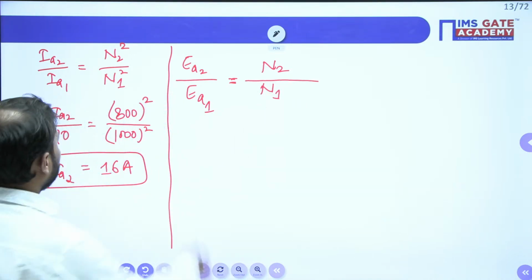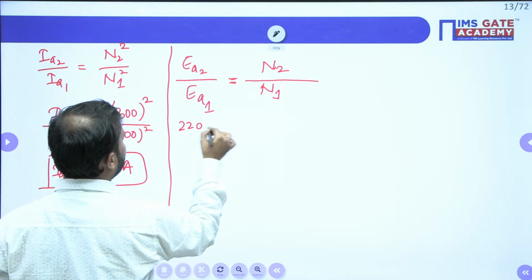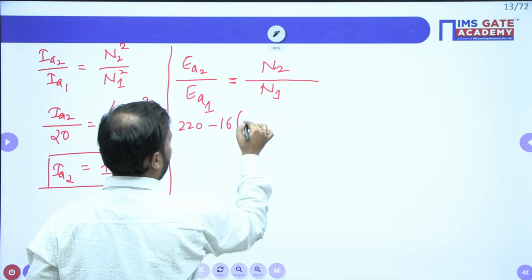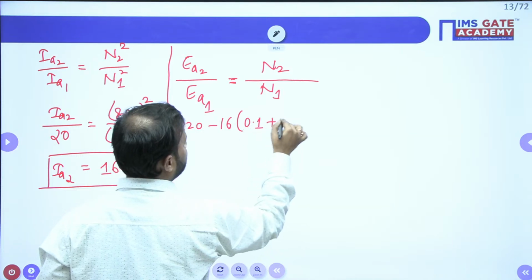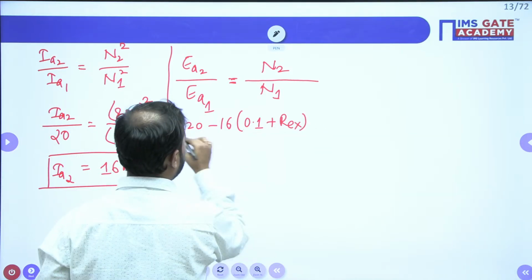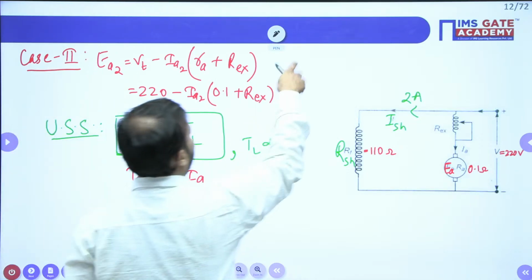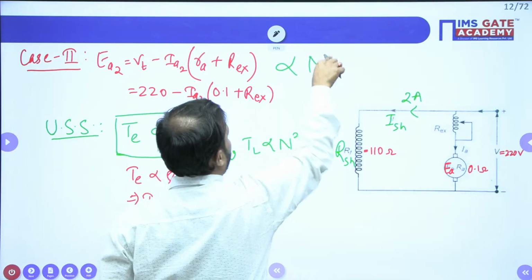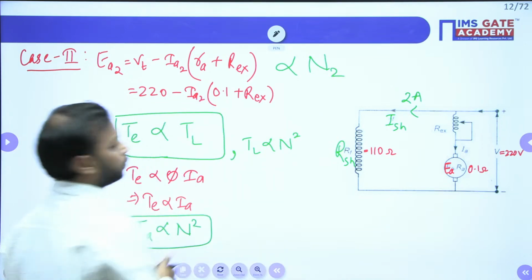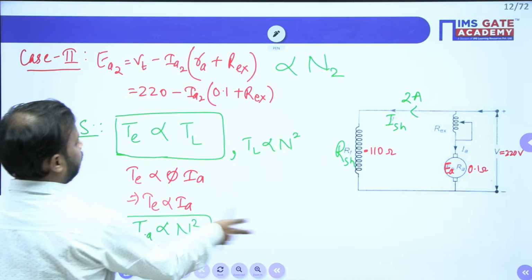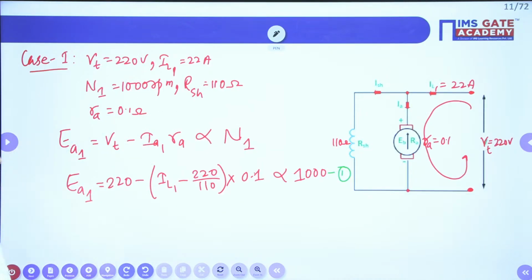All right. So EA2 is what? 220 minus IA2, which is 16, into RA, which is 0.1 plus R external. See here, this part is proportional to N2.